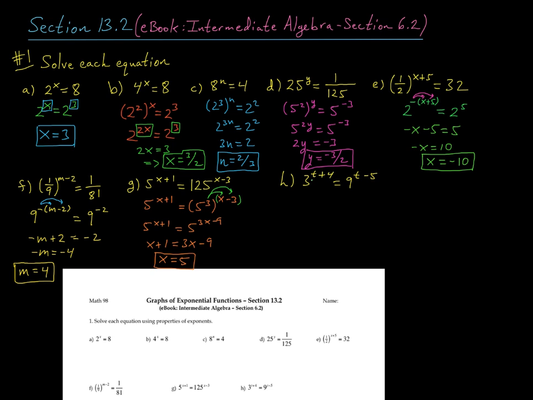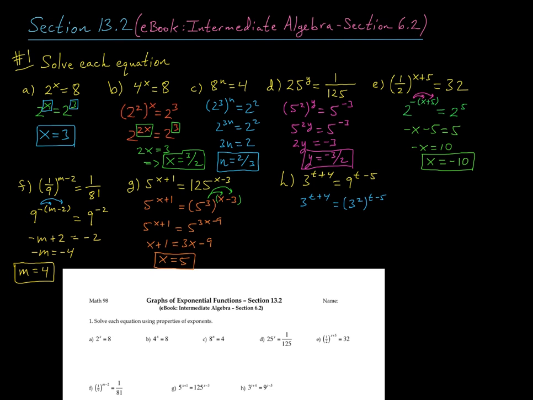And then lastly, H, 3 to the t plus 4 is equal to 9 to the t minus 5. Well, since 9 is 3 squared, we can use 3 as our common base. So I have 3 to the t plus 4. That's going to equal 3 squared to the t minus 5.